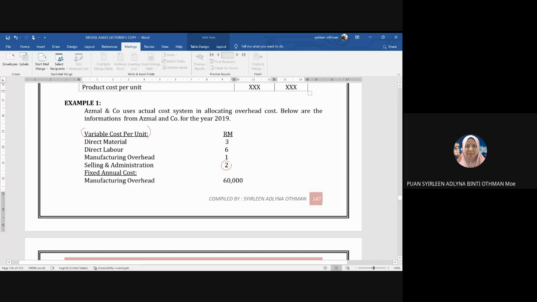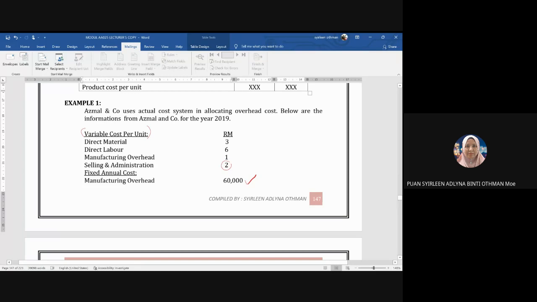Okay, and your fixed cost given in the question, kita ada manufacturing overhead 60,000. Okay, kalau fixed manufacturing overhead di dalam soalan, selalunya dia akan bagi you total. Okay, so total ni kalau dalam fixed manufacturing overhead, awak kena bahagi dengan unit so that you dapat per unit.